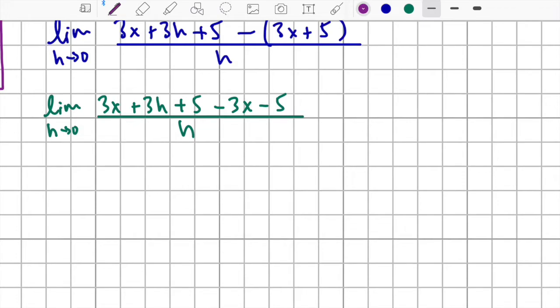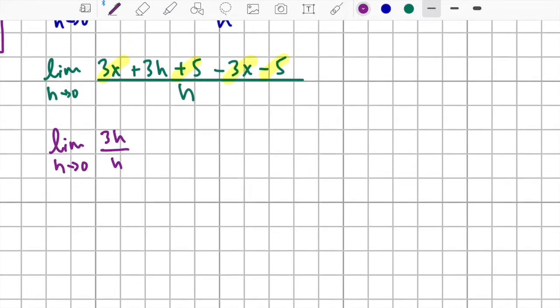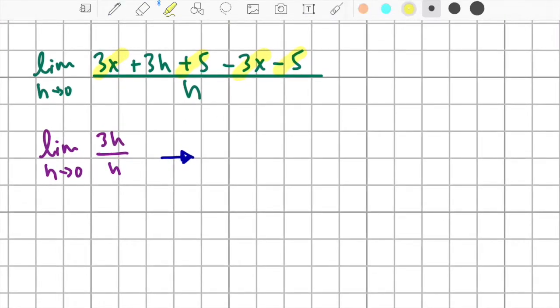Now we haven't done the limit yet. We need to simplify it as much as we can before we take the limit. So again, limit as h approaches 0. Notice that the 3x minus 3x, they cancel out. Positive 5, negative 5, they cancel out. So I'm left with 3h divided by h. And before we actually evaluate the limit, I can simplify it even more.